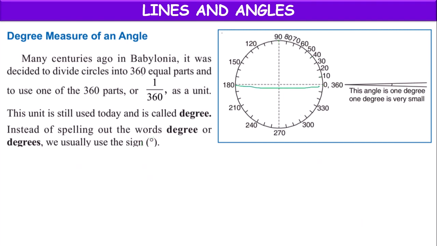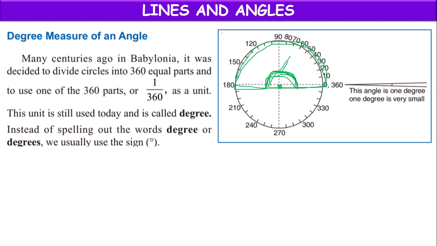Or if we take a 180 degree arc, at this point, this total arc is known as a 180 degree arc. That 180 degree arc is how much part of the circle?